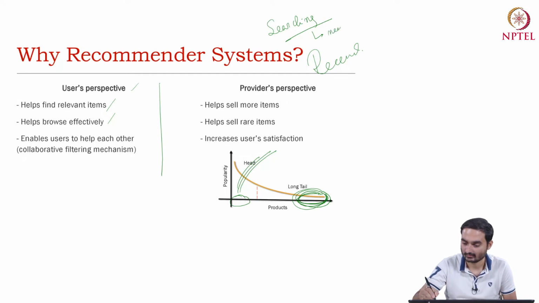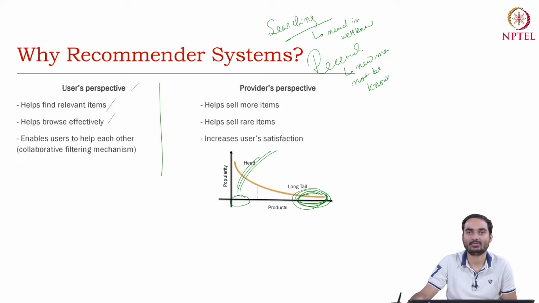So, here the need is well known, whereas here the need may not be known. Now, if you know the need, say for example, you want to buy a Dell laptop, you type Dell laptop, all the products will be shown and you choose one.